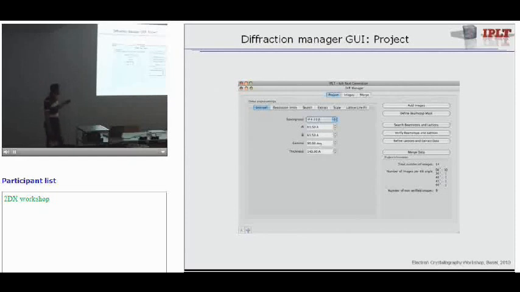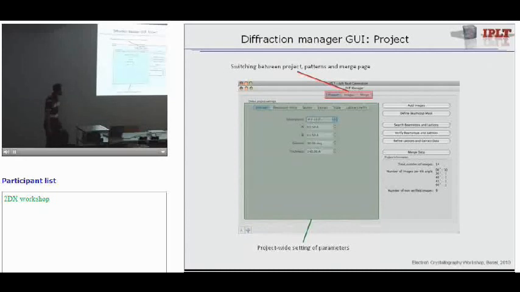So the graphical user interface is split into 3 pages. The first page is the project page. Here on top you can switch between the different pages. There is one for the whole project, one for processing the individual diffraction patterns, and one for the merging. IPLT saves all the parameters that are used for the processing in one single XML file.